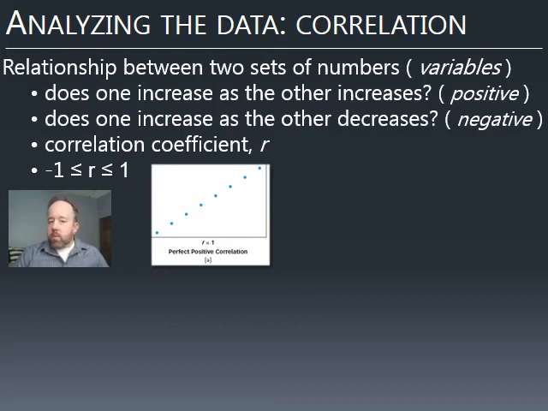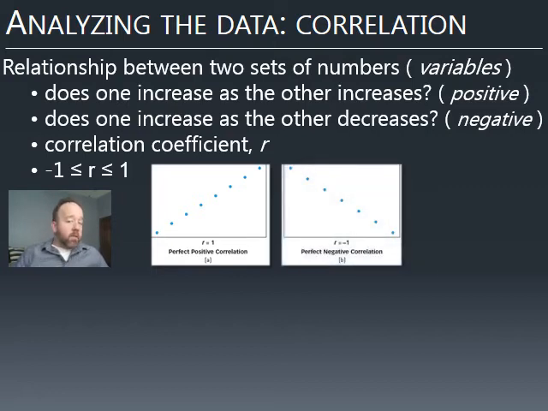If you go up 5 units on variable 1, you'll go up proportionally 5 units on variable 2. Now the scales can differ. We don't need to get into details there. But the point is that with an R of 1, you can perfectly predict one variable if you're given the value of the other.